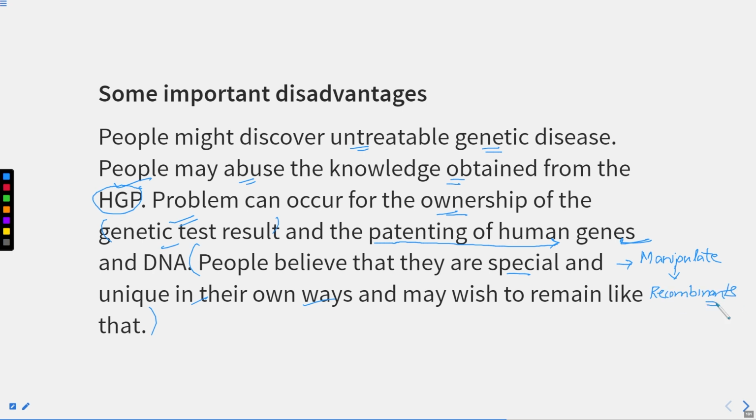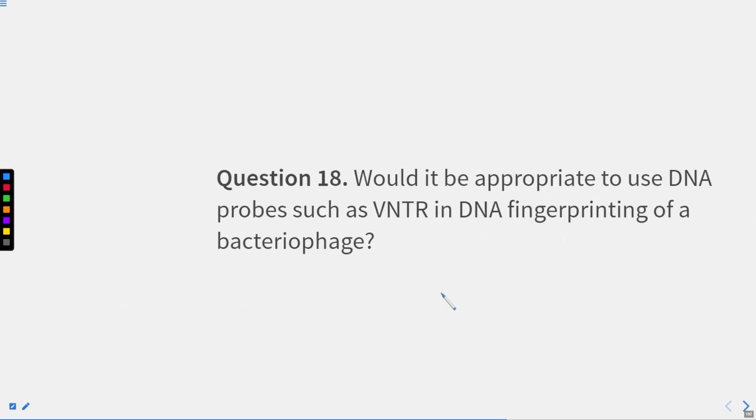Here we are playing with nature. But people believe that they should remain natural only. So this is like acting like God. We can manipulate and make an individual that has all the genes that we wish. So these are some of the disadvantages.